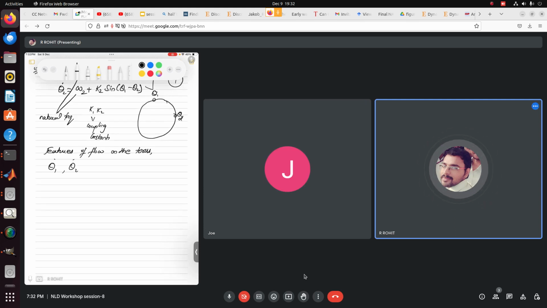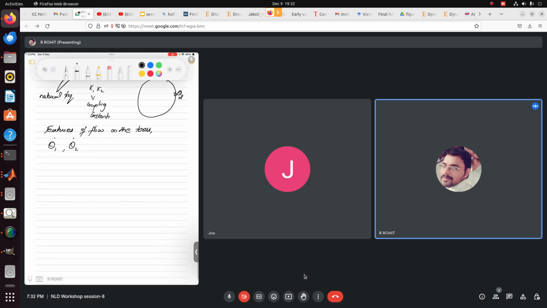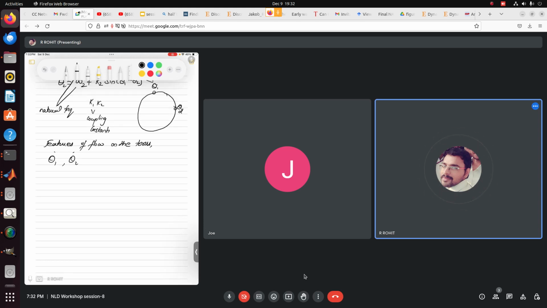We had phases theta 1 and theta 2. We could imagine a single point tracing out a trajectory. If you want to trace the path on a line diagram, this is theta 1 which we consider, and this is the motion of theta 2.